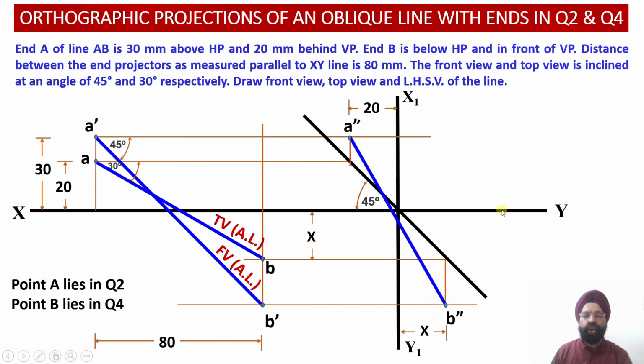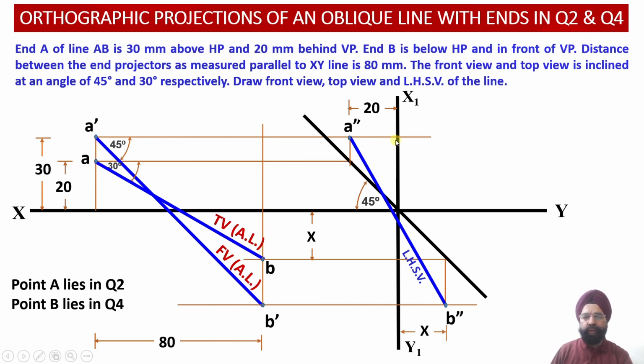So now we can join A double dash point with the B double dash point. With this, we have obtained the left hand side view projection of this particular oblique line, when one point, that is the point A of the line, lies in quadrant number 2, and the second end of the line, that is point B, happens to lie in quadrant number 4.